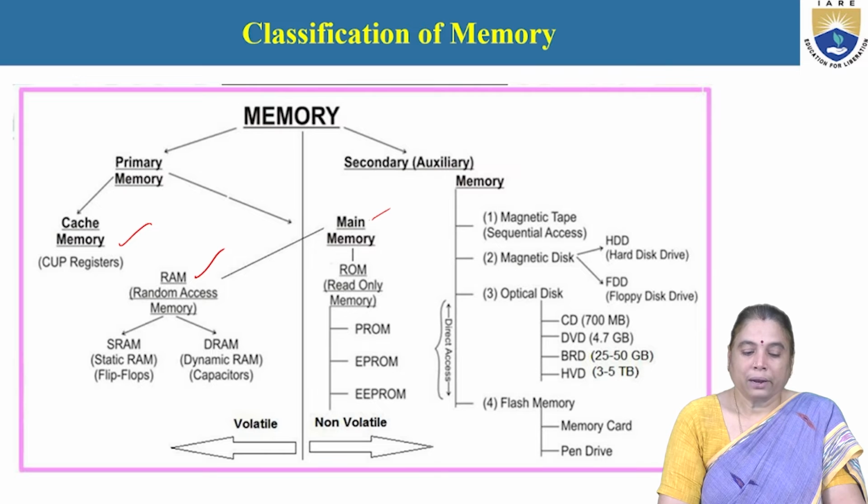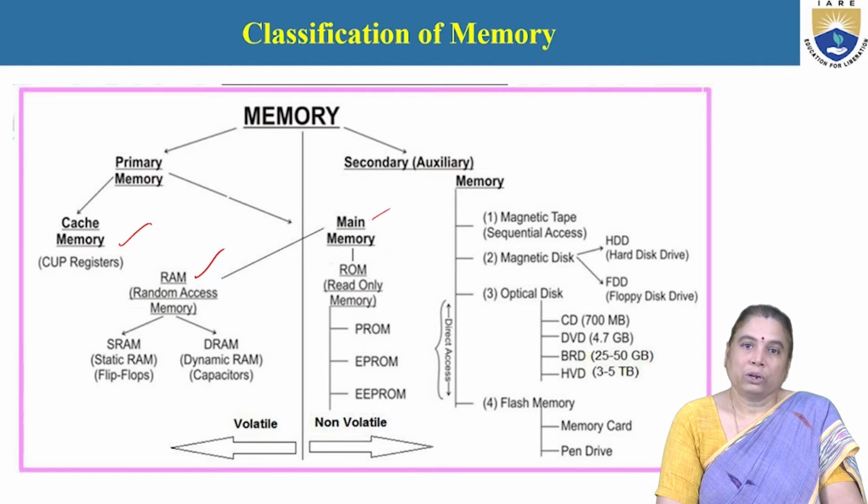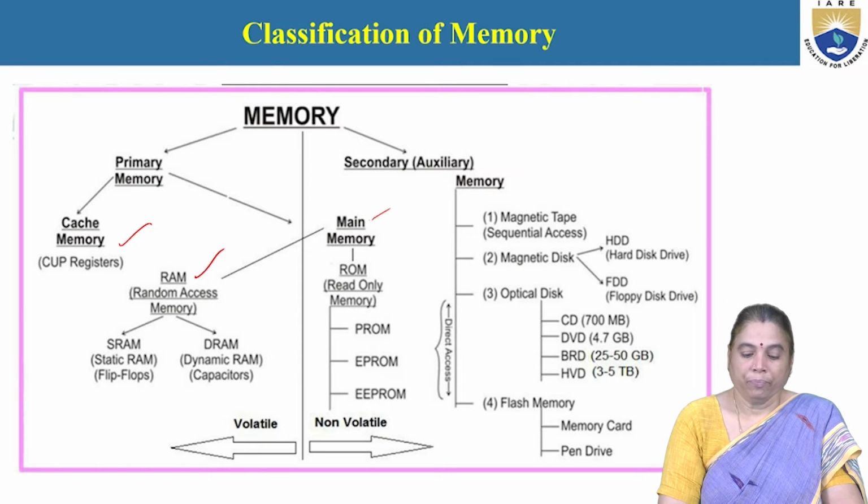The RAM and the cache memory are volatile in nature. That means whatever data is stored in the memory can get erased if a power interruption occurs or when the user switches off the computer. But the ROM and the secondary memory are non-volatile in nature.